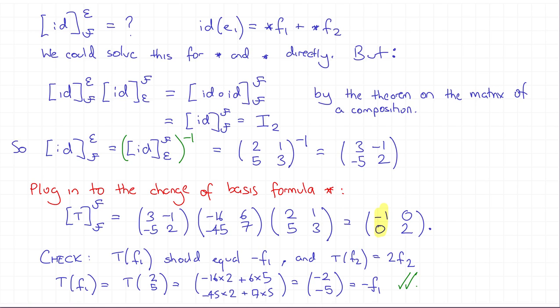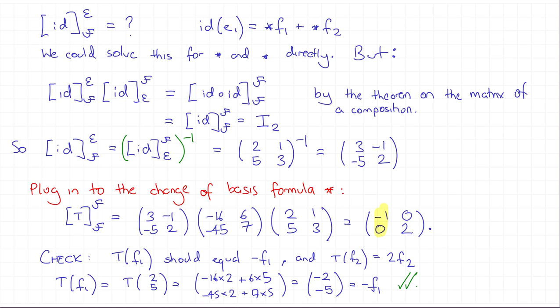So as one final observation here, you might wonder, why would I bother doing this? What is the point of writing a linear transformation or finding its matrix with respect to one basis and then finding its matrix with respect to a different basis? This example shows why that might be useful.